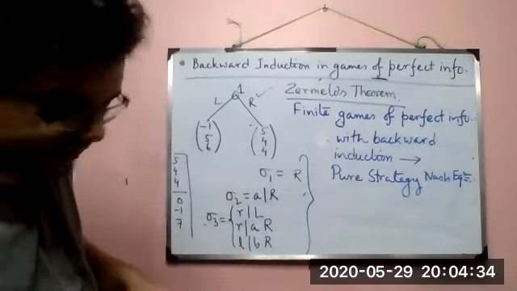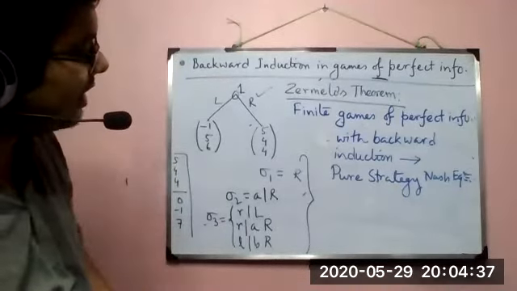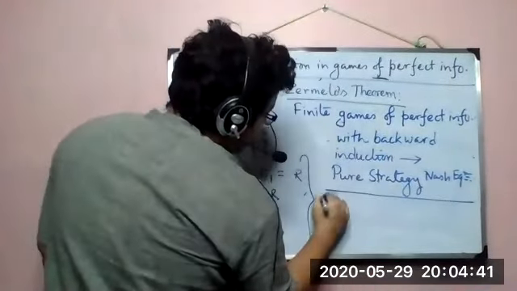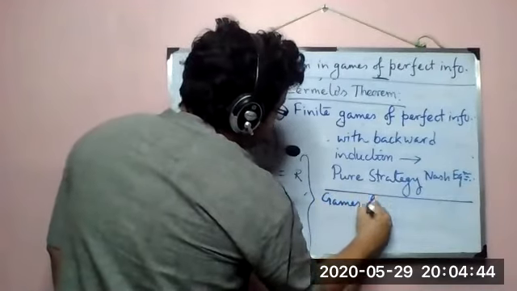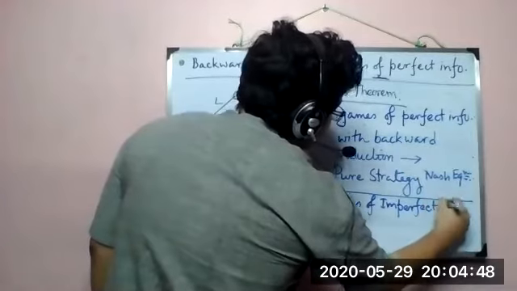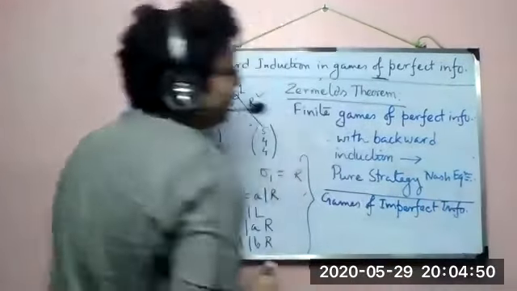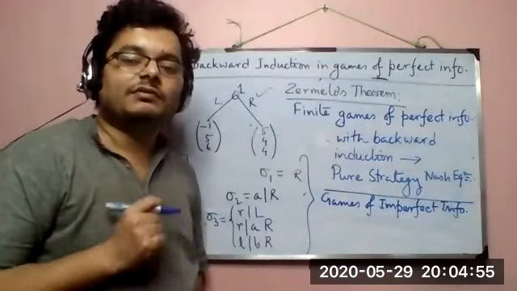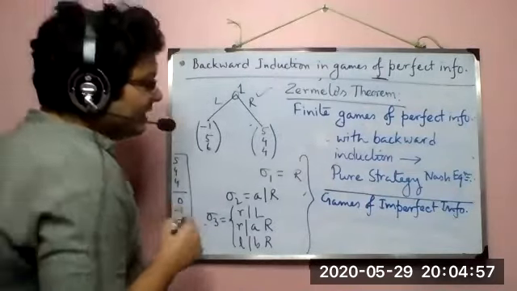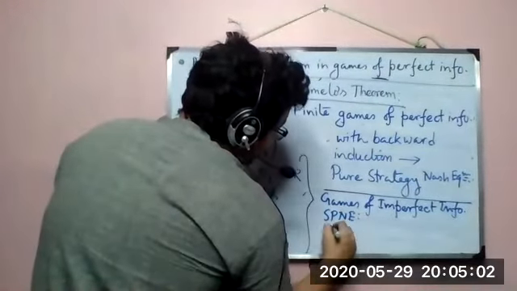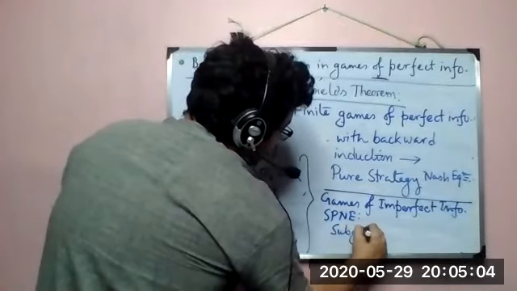All right, so from here in the next session we'll move, naturally, into games of imperfect information. As I was saying, imperfect information. So information sets, we will have multiple nodes, and there we will learn SPNE. But to start with, we will first learn what a subgame is.